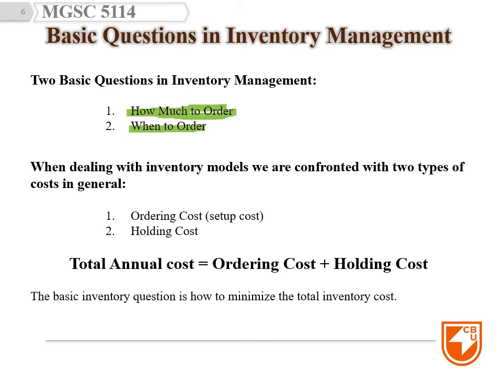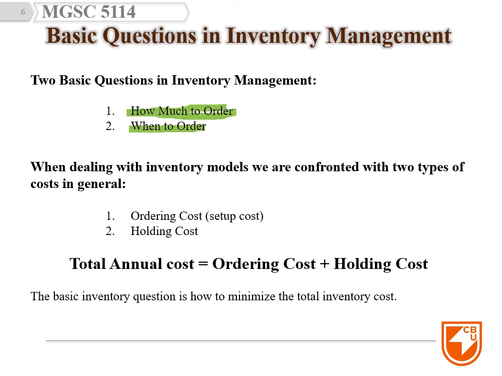Also, you remember that the goal of inventory management is to satisfy customers at minimum cost. So the next question we need to answer is, what are the items considered as cost items in inventory management? Depending on the type of inventory model, we may have different items considered as cost.